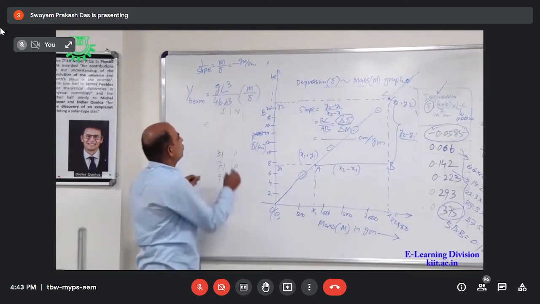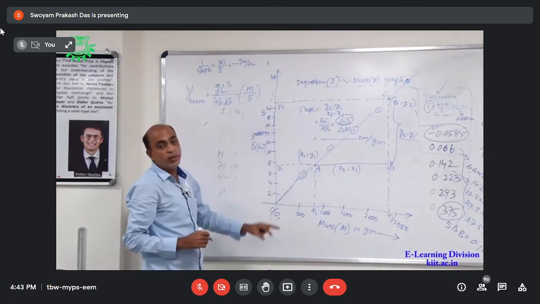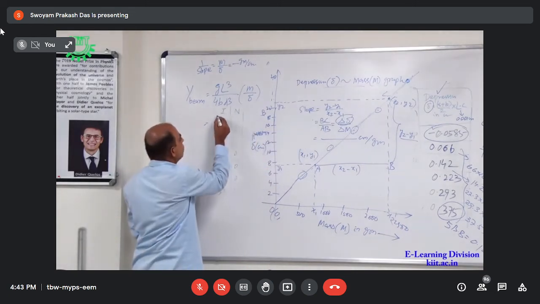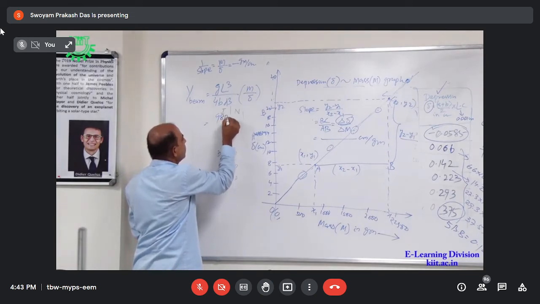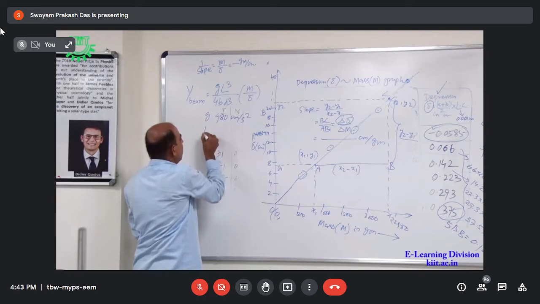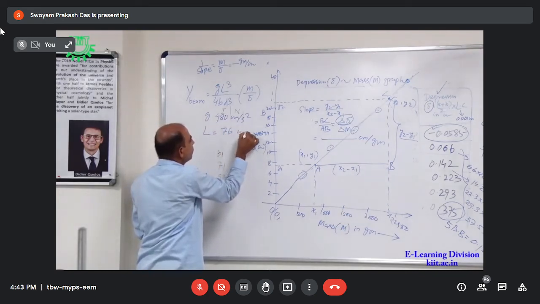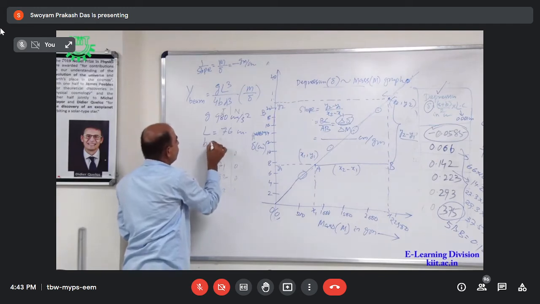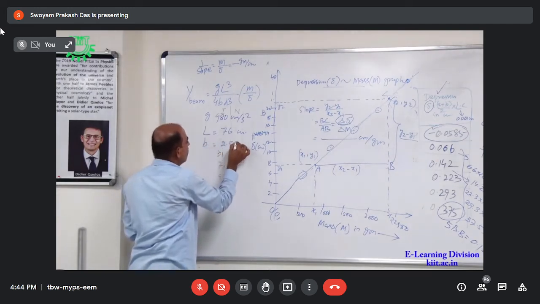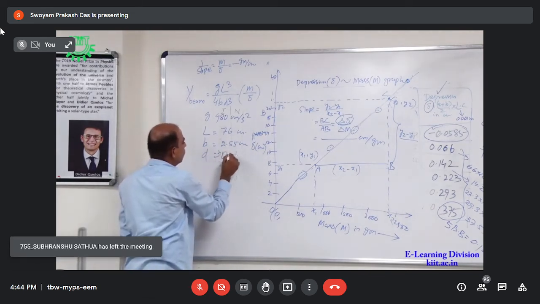Here g we know, we will put it in CGS system, because all the values are coming in CGS system. So g we will put 980 cm per second square. Then L we have taken 76 cm. B we have got 2.55 cm, that is the breadth, and thickness we have got 0.5 cm.